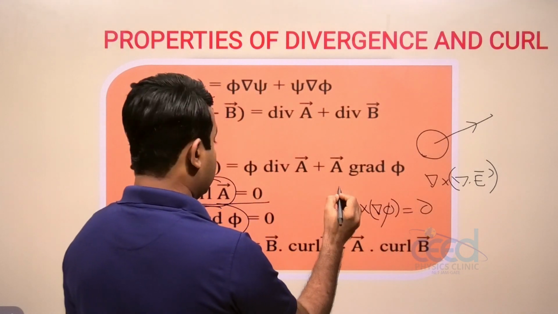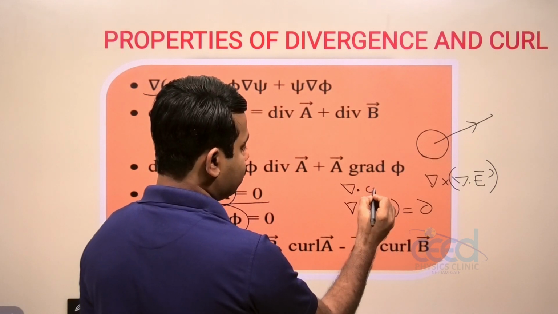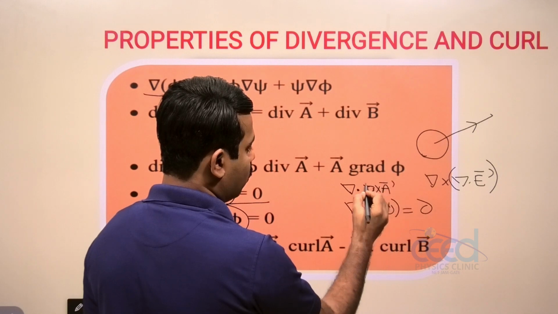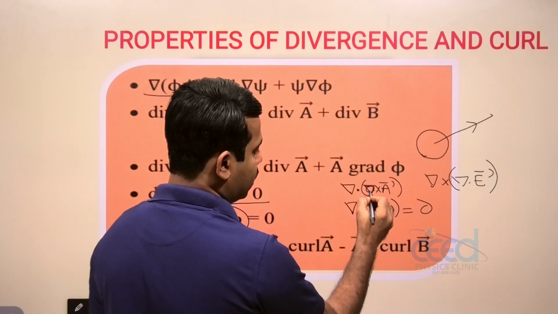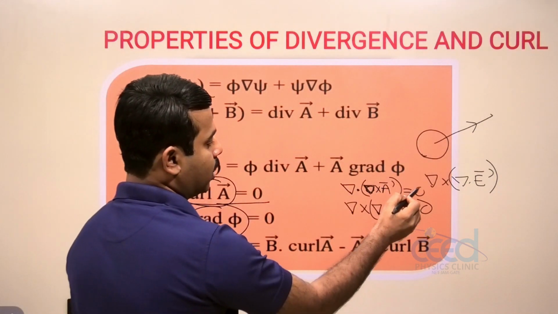And the divergence of curl A, that means del cross A or del cross phi, whatever it is, is also equal to 0.